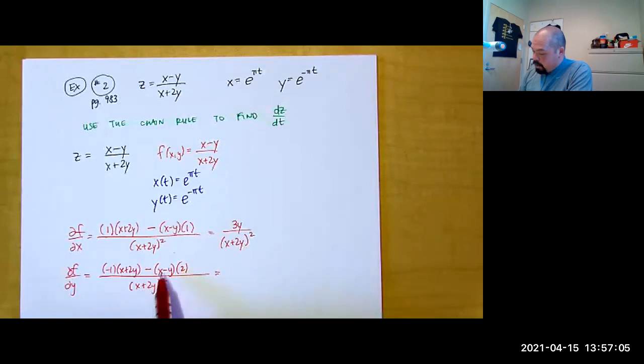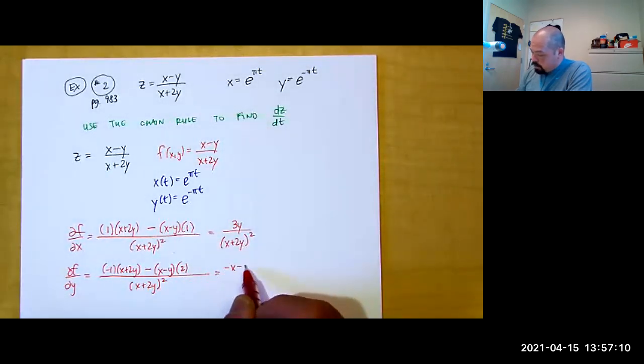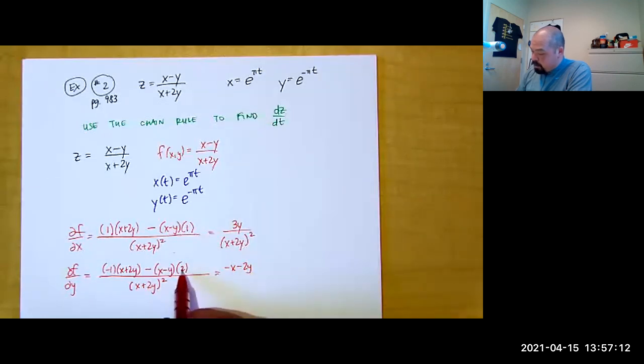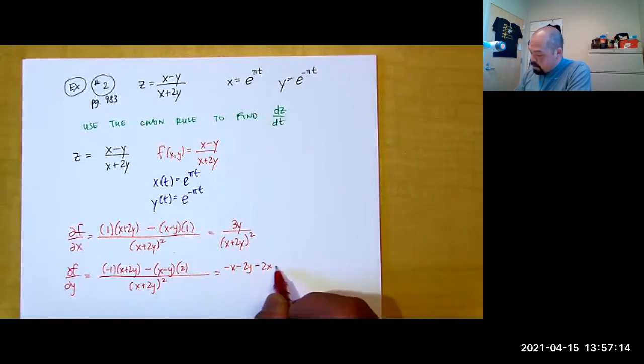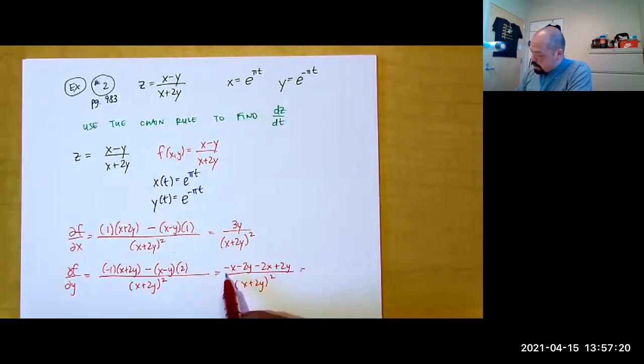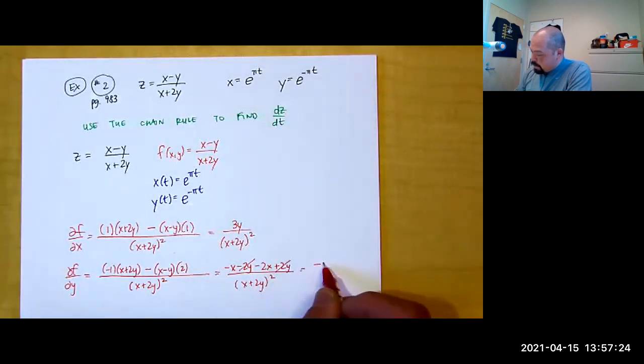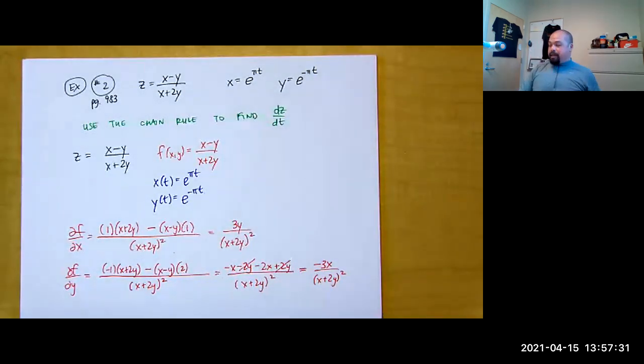Distribute the negative 1 in. Let me do this one a little bit more carefully. Distributing the 2 and the negative, minus 2x plus 2y over x plus 2y quantity squared. The 2y goes away. Negative x, negative 2x, minus 3x over x plus 2y squared. Again, those don't have to be identical. They're probably not going to be identical. We just want to keep track of those terms.